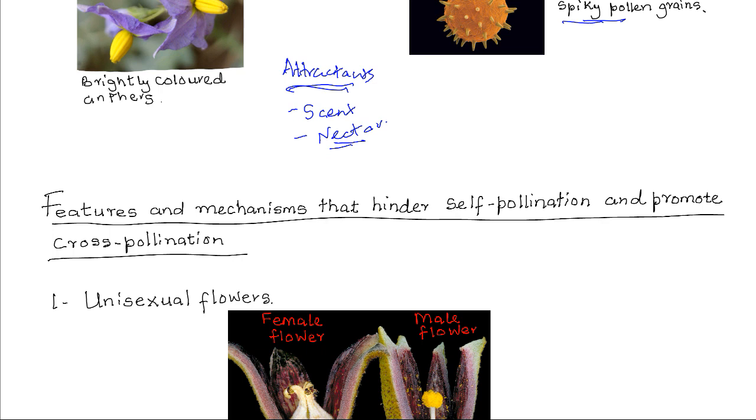Therefore, there is a risk of self-pollination taking place. Through self-pollination, there will be self-fertilization. And self-fertilization produces offspring that are genetically identical to their parent, hence there is no variation. Many plants have therefore evolved structural features and mechanisms that both hinder self-pollination and promote cross-pollination. So these mechanisms are the ones that you're going to look at, starting with unisexual flowers.